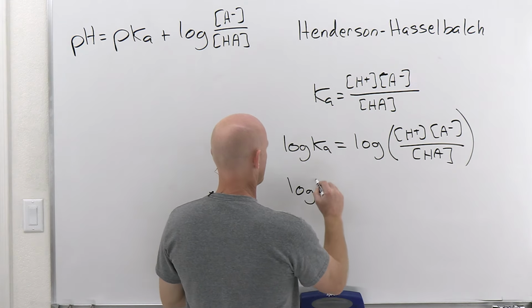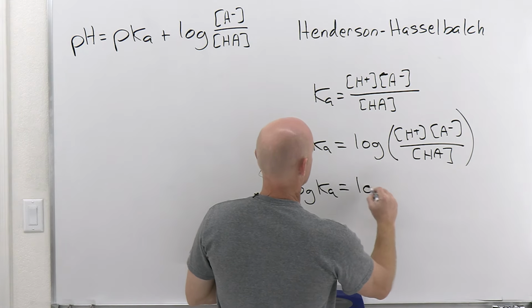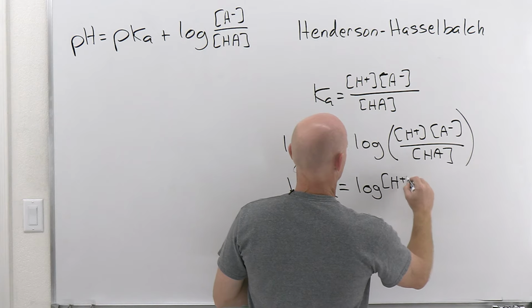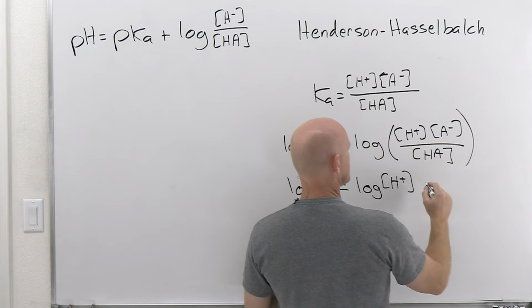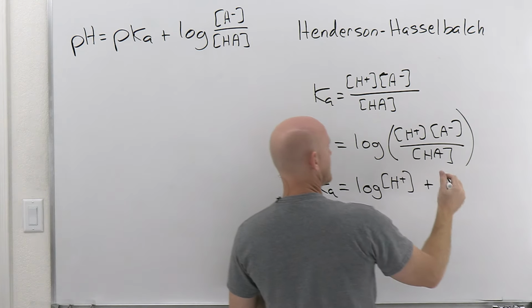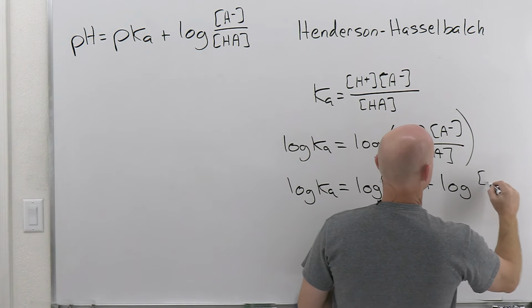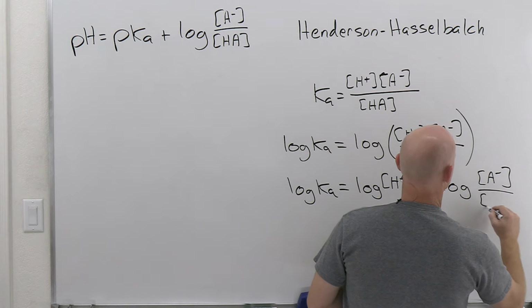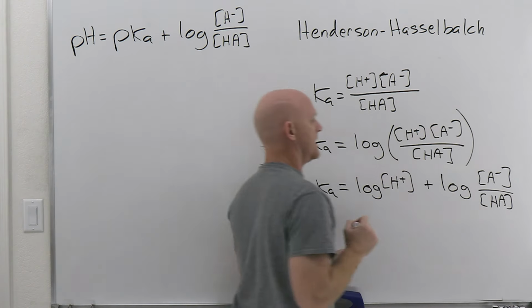And so we'll make this look like log of Ka equals log of H plus, and then put these two under their own separate log term, because effectively that ratio is multiplied by the H plus. And so plus log of A minus over HA.